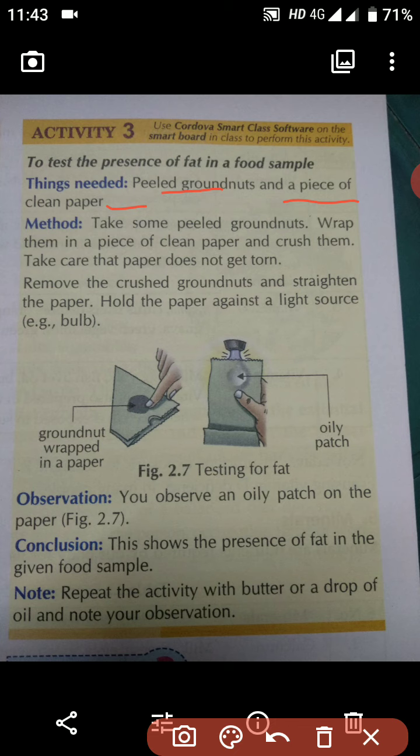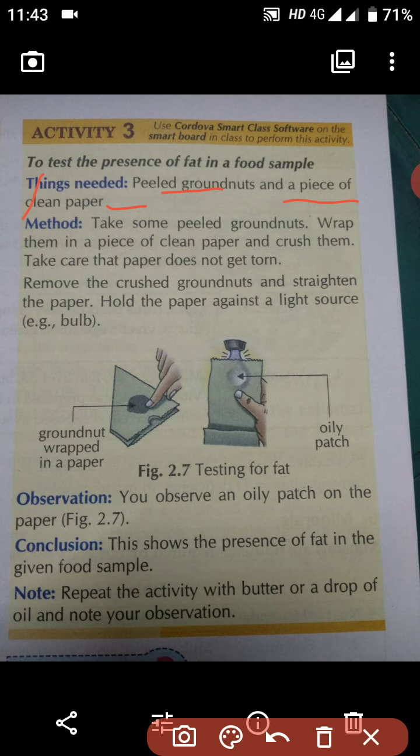For testing the presence of fat you have to just peel the groundnut, and then we need a clean paper. So let's go to the method. Take some peeled groundnuts, wrap them in a piece of clean paper and crush them.